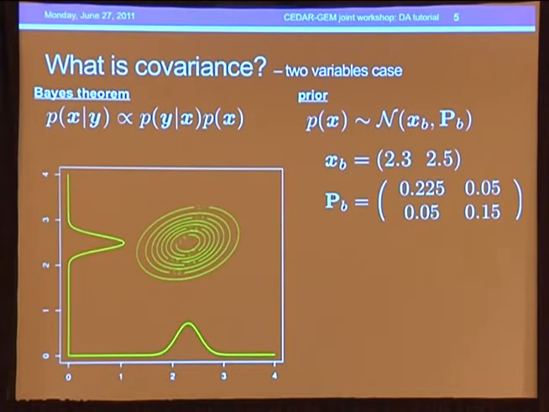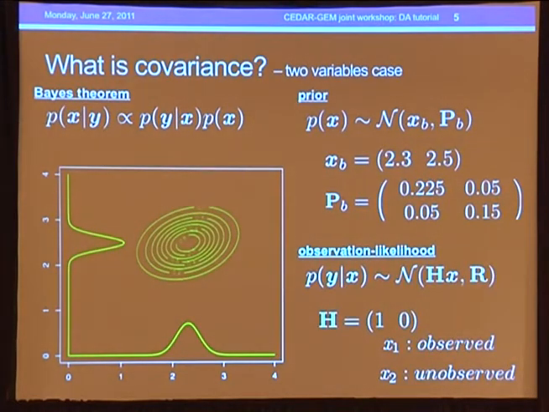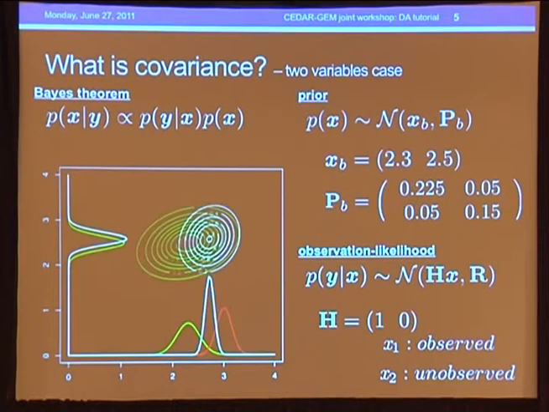Okay, and then let's say that I only have an observation of x1. So x1 is observed, and x2 is not observed. Going through Bayes' theorem, we actually can make an update to the unobserved variable. That's represented by the white lines, this PDF of x1 and x2.